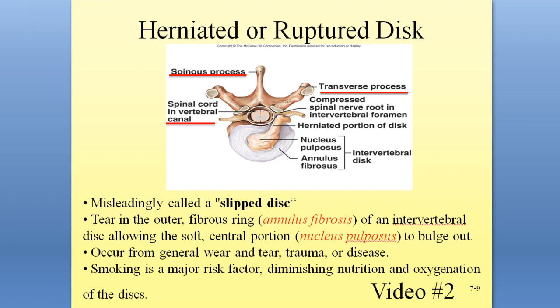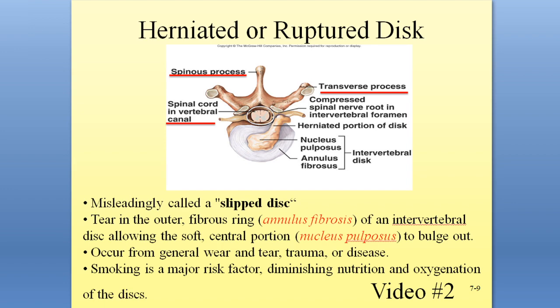So this weakens them. So when an injury does occur, you're more likely as a smoker to get a herniated disc. Smoking doesn't cause a herniated disc, but it can contribute to one because we're not getting the proper oxygen.